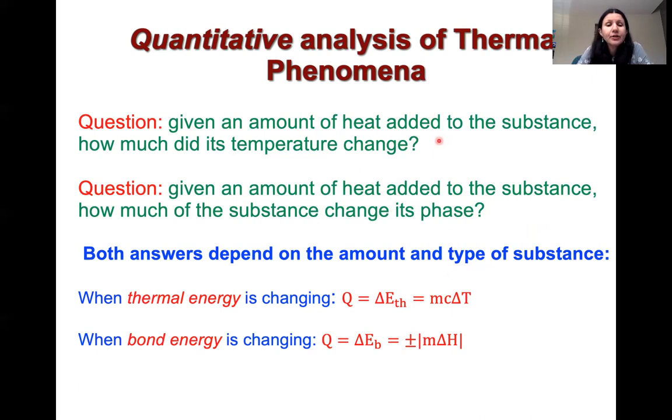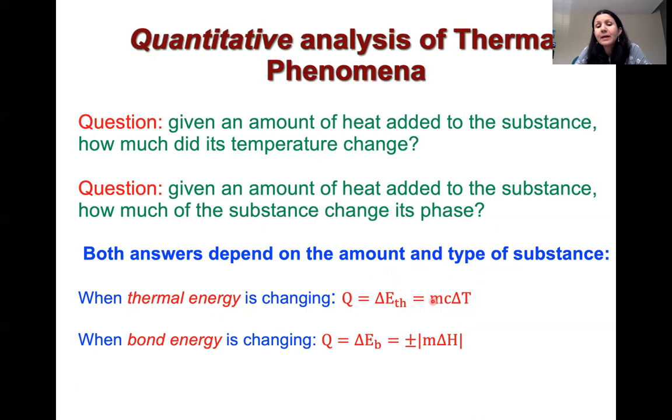Okay, so this is how we write these concepts mathematically. Thermal energy, remember, was the energy that was changing when temperature was changing. So the change in thermal energy has to be proportional to the change in temperature. If delta T is positive, temperature is increasing, and so is the change in thermal energy.